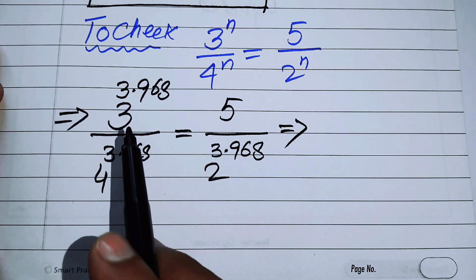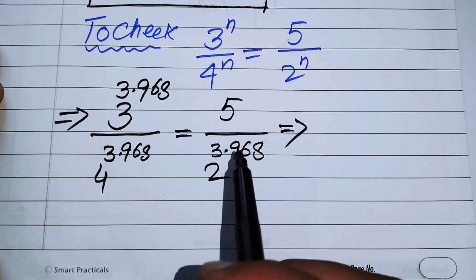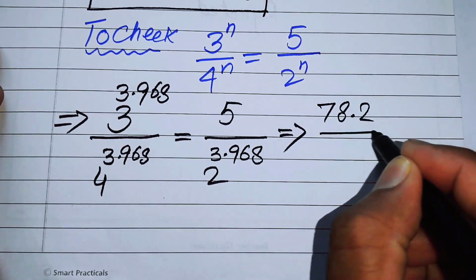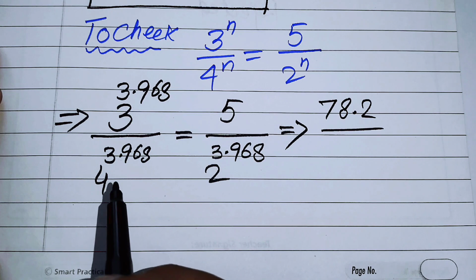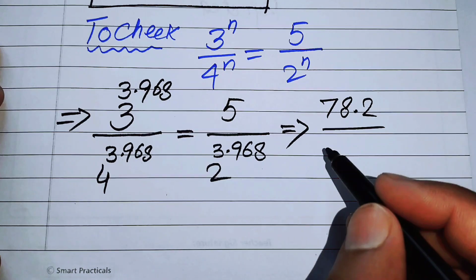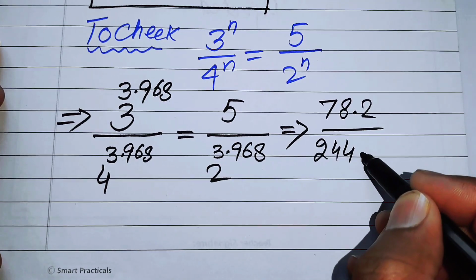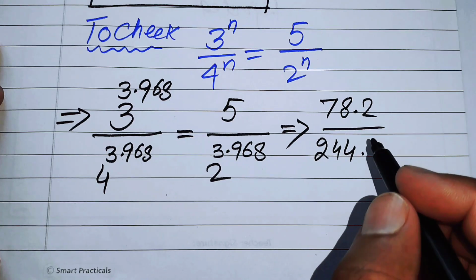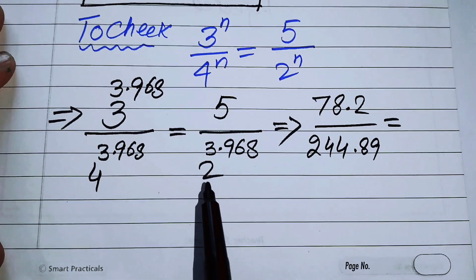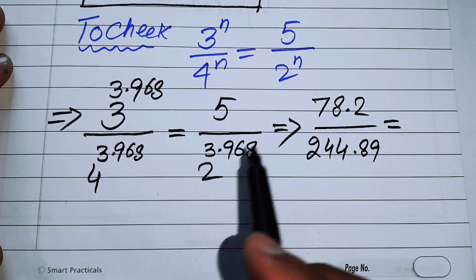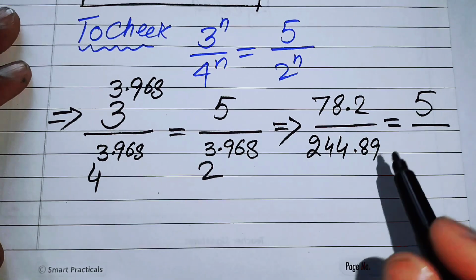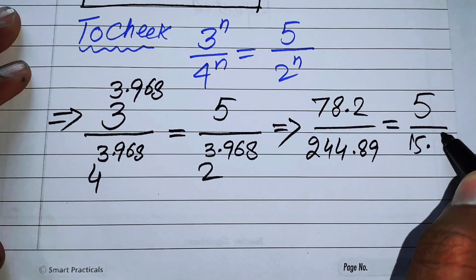so that you can find the value of 3 to the power of 3.968, which is equal to 78.2, over the value of 4 to the power of 3.968, which is equal to 244.89, and this is equal to 5 over 2 to the power of 3.968, which is equal to 15.6.